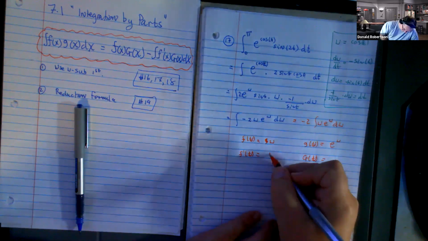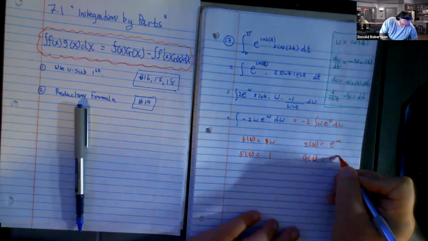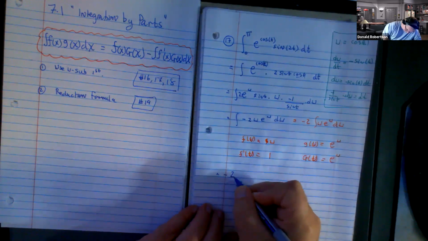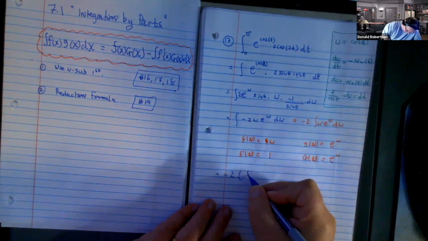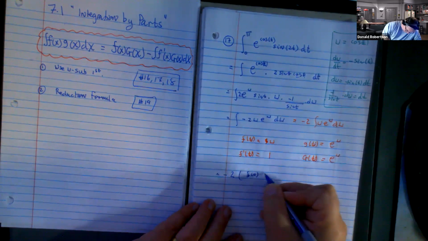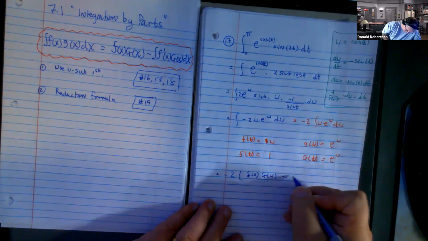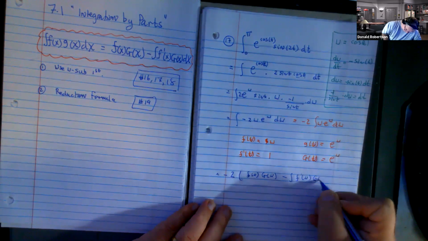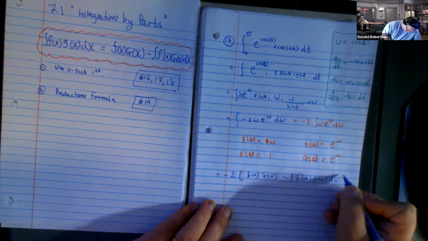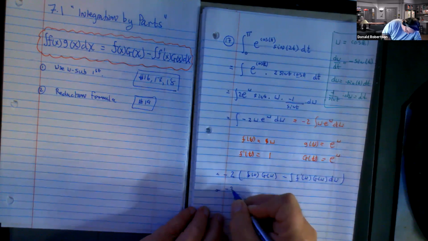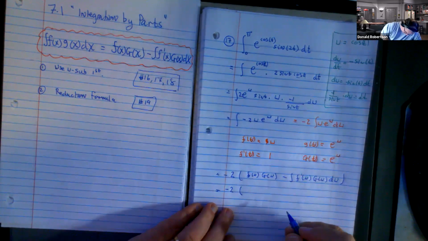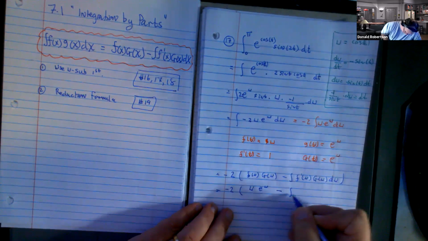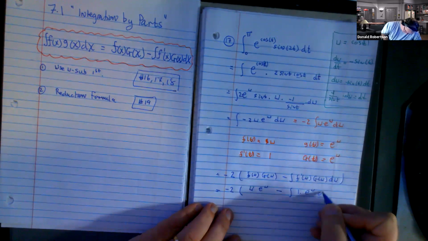And differentiate that guy, you get 1, and integrate that guy, you get e to the u. So we are now looking at negative 2, because we're doing this version. F of u, g of u, take away the integral of f dash g of u du. So it's going to be negative 2 u e to the u, take away 1 times e to the u du.